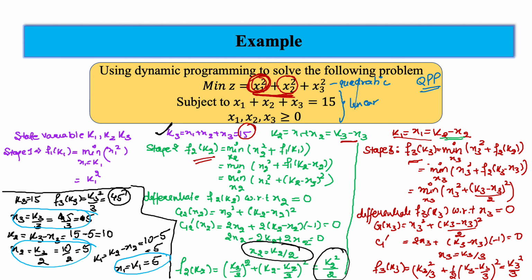If you have n variables involved in the problem, then there will be n stages, and the final stage will give you the optimal value of your problem.